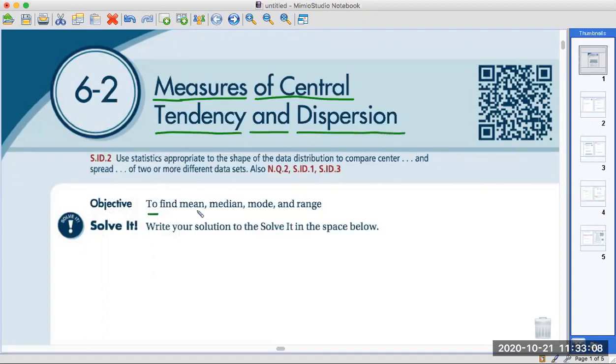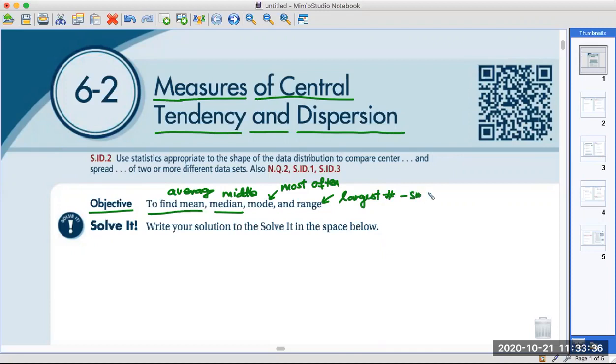So mean is the average. The median is the middle number if you put them in order. And the mode is the most often. Sometimes no mode. And the range is largest number minus smallest number.